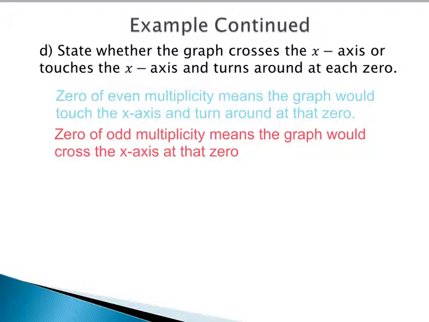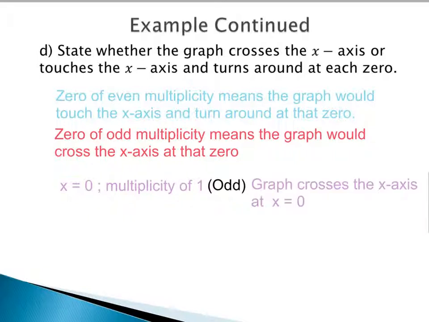Looking at what we had before, x equals 0 had a multiplicity of 1. 1 is an odd number. We don't care about the actual 0, we care about the multiplicity. Since x equals 0 had a multiplicity of 1, which is odd, at x equals 0 the graph will cross the x-axis, going from either positive to negative or negative to positive.